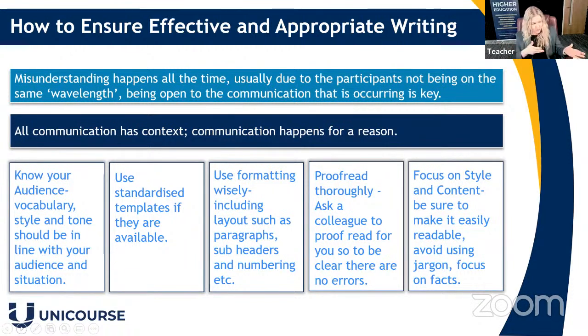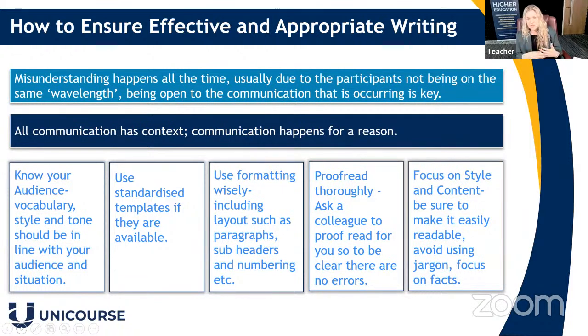Proofread thoroughly. Ask people to proofread as well. Ask people to check for errors. Ask people to tell you if they understand what the main point of that communication is. Because, for example, if I was to do a report on Moodle and send it out to everybody in the company, although a lot of people don't analyze the statistics on Moodle, every single person within the company, even the learners, should be able to understand what the main aim and the key point in that report is, or what the main objectives of that report are.